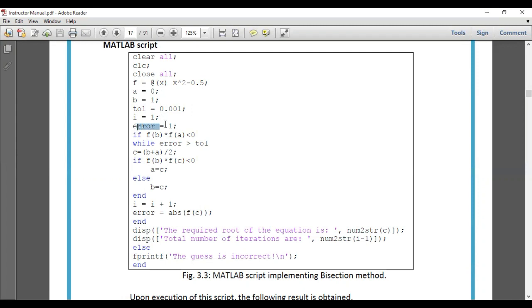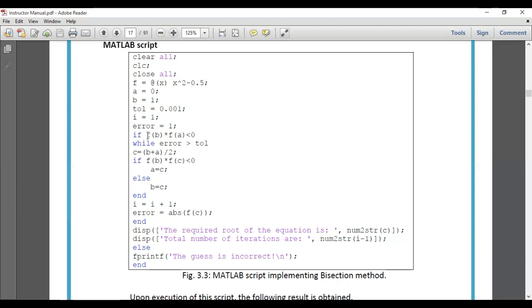We have specified the error initially as 1, and we will check the error after every iteration, and when this error becomes smaller than the tolerance value, we will terminate our loop and print the solution. First of all, we will check if our solution exists between these 2 points a and b.